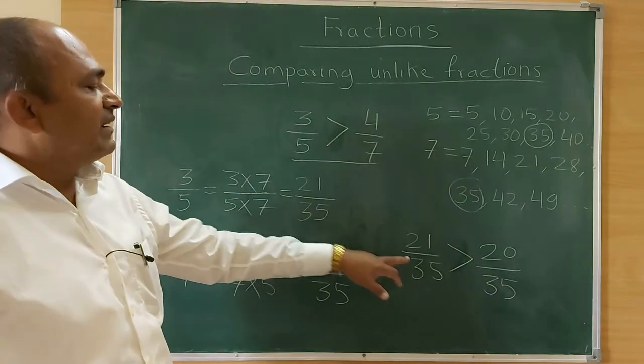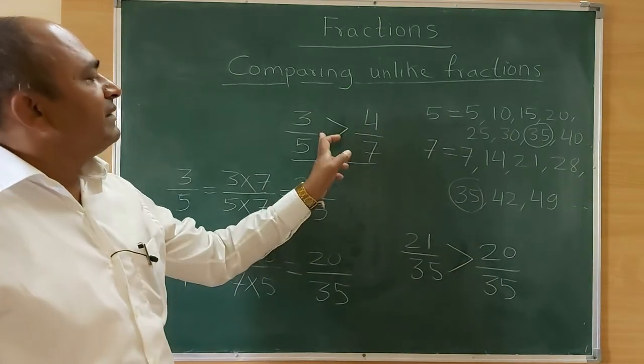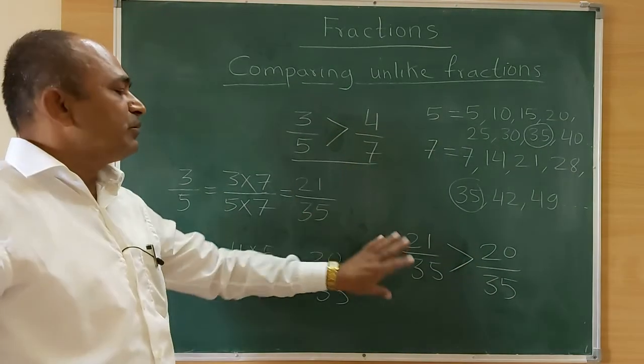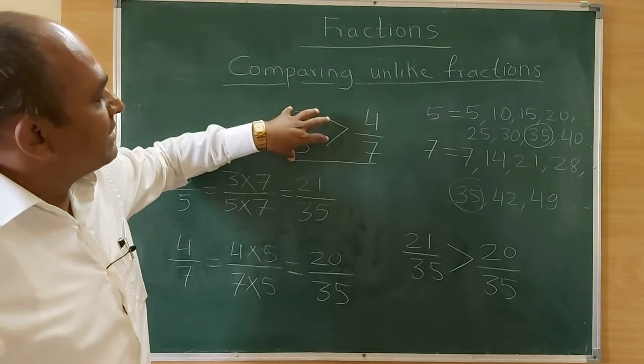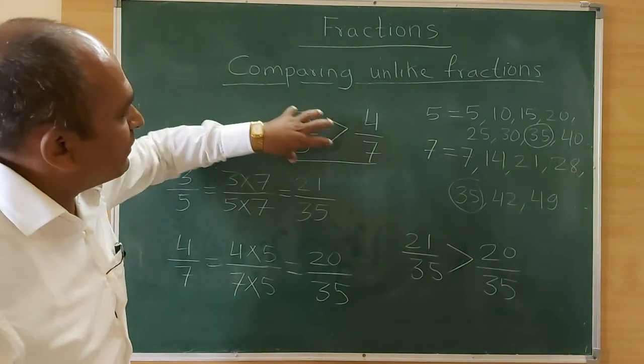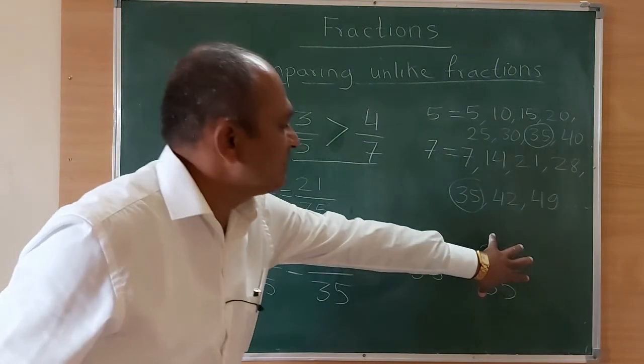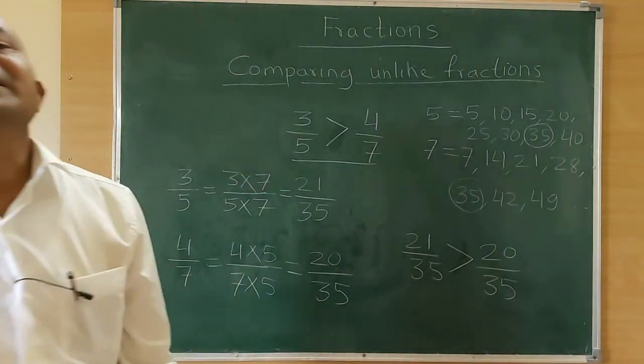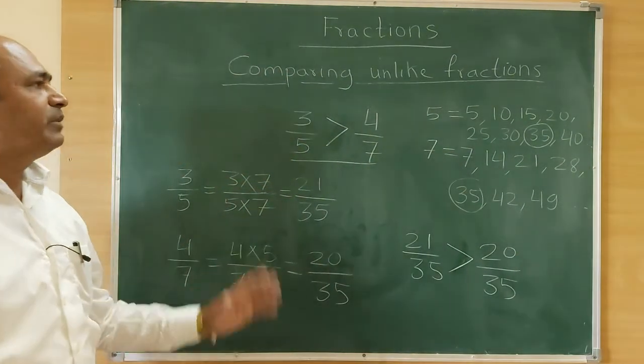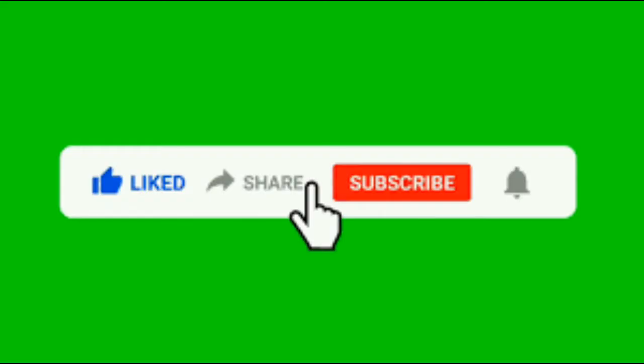And when we compare them here, the comparison applies here also because they are of the same value. 3 upon 5 is equal to 21 upon 35 and 4 upon 7 is equal to 20 upon 35. So I hope this is clear to you.